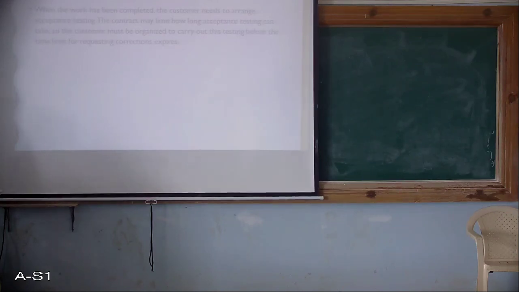In case of acceptance, when the work has been completed, the customer needs to arrange an acceptance testing. After the completion of the product, the customer will take that product and do the testing for it, to see whether it is working properly in all kinds of scenarios or not.